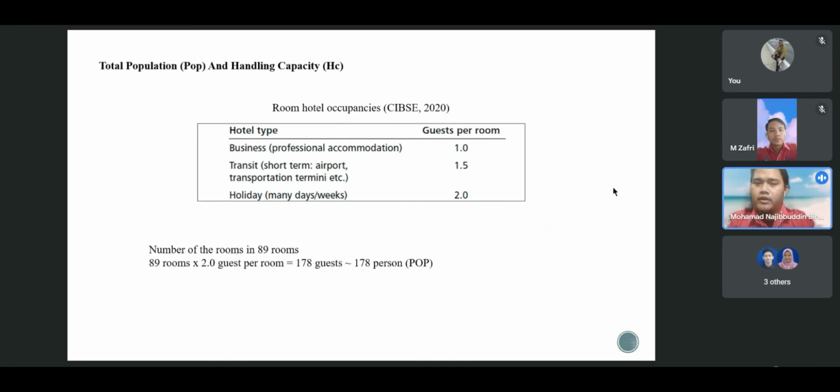The number of rooms is 89 rooms, 89 times 2.0 guests per room equals 178 guests, which is persons. That is our total population for this hotel.